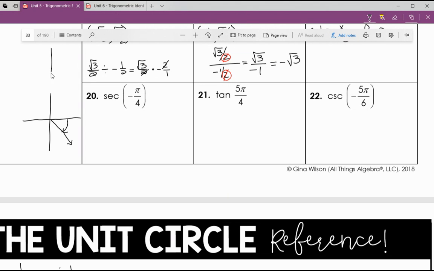If you look at your circle, positive pi over 4 is here, and that equals 45 degrees. So that means negative pi over 4 is equal to negative 45 degrees. So what's the ordered pair in quadrant 4 that goes with that negative 45 degree angle?